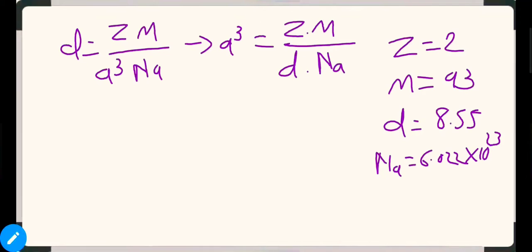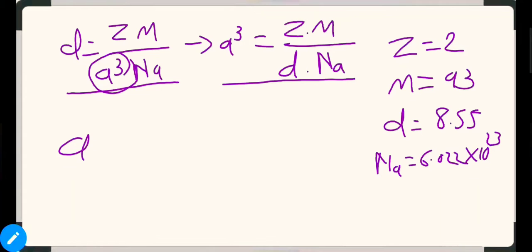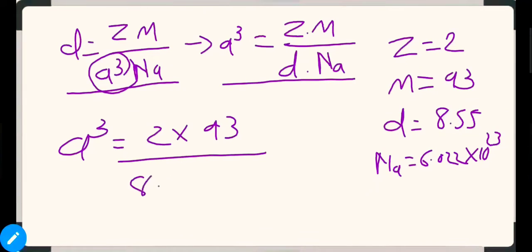So now we will use the density equation. Density is equal to Z M upon a cube N A, and our target in the first step is to find a cube. So a cube will be Z into M divided by d and N A. Here Z is equal to 2, M is equal to 93, d is equal to 8.55, and N A is Avogadro number. So a cube will be 2 into 93 divided by 8.55 into 6.022 into 10 raised to 23.